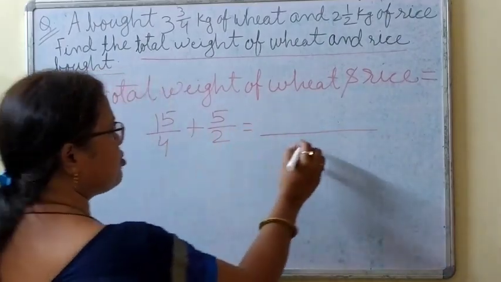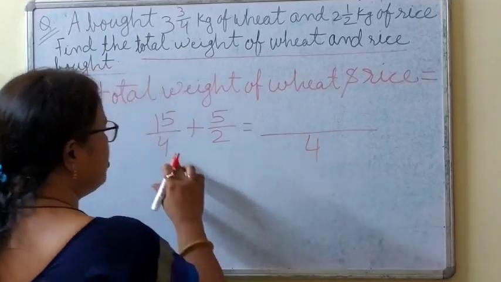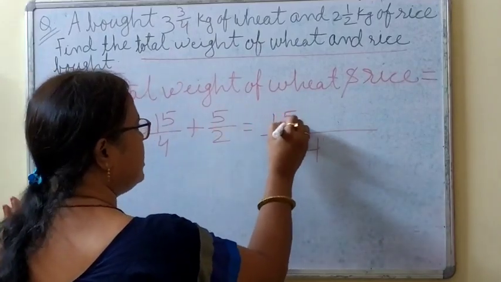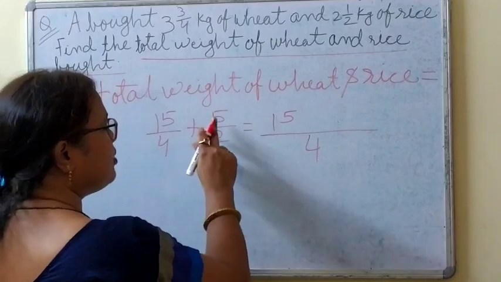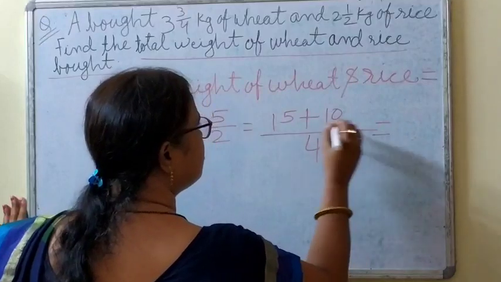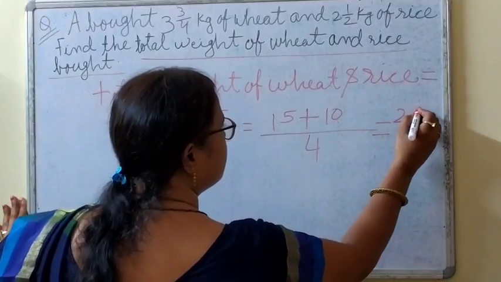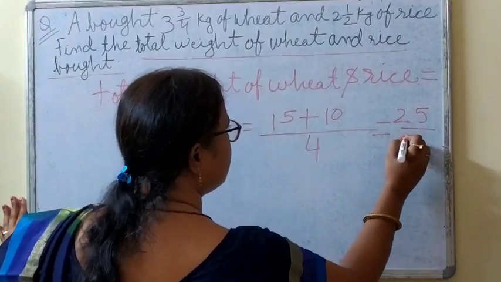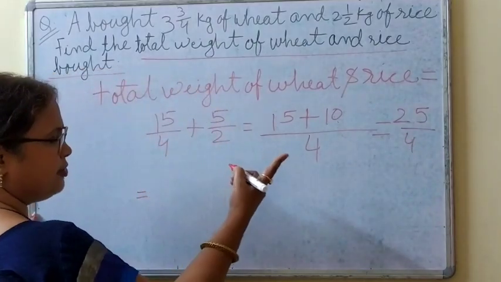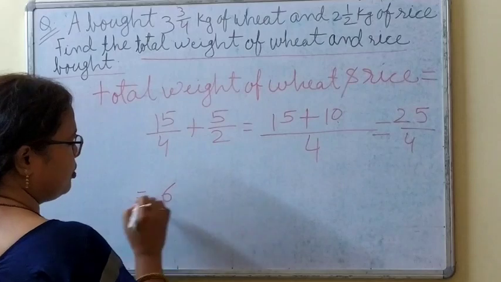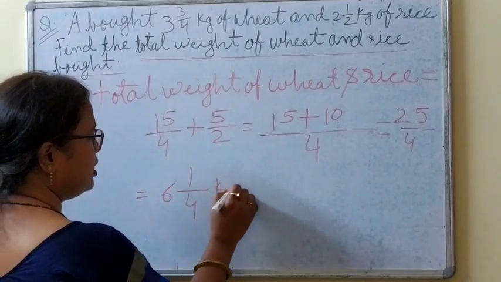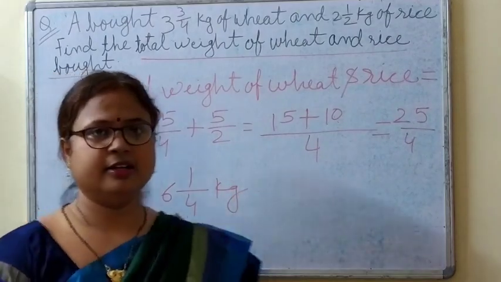LCM of 4 and 2 is 4. So 4 ones are 4 and 15 into 1 is 15. Then 2 twos are 4 and 5 into 2 is 10. So this is equal to 25 by 4. So the total weight will be, when you divide, 4 6s are 24, 1 remaining, so 6 1/4 kg of wheat and rice.